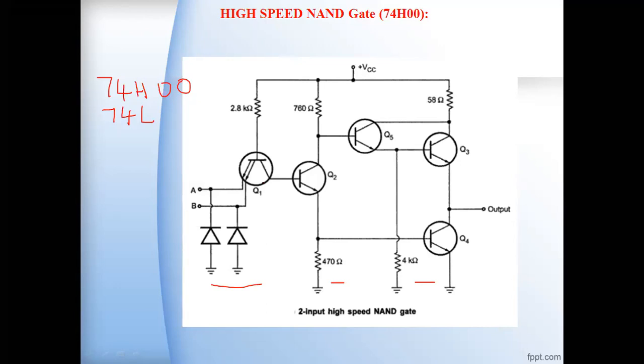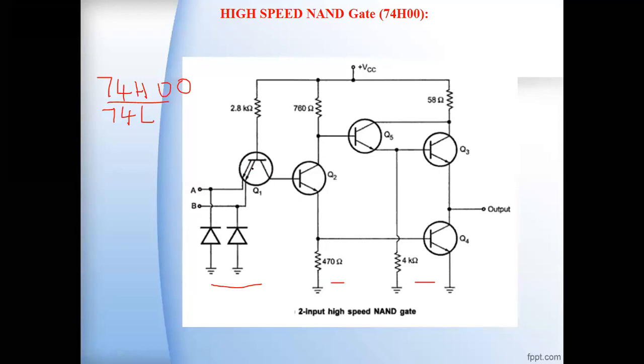But now we are discussing the earlier TTL logic families, the 74H high speed two-input NAND gate. In the earlier ones, they used multi-emitter transistors, so you can increase the number of emitter terminals as the number of inputs increases.